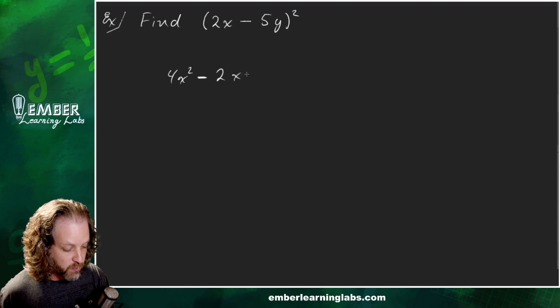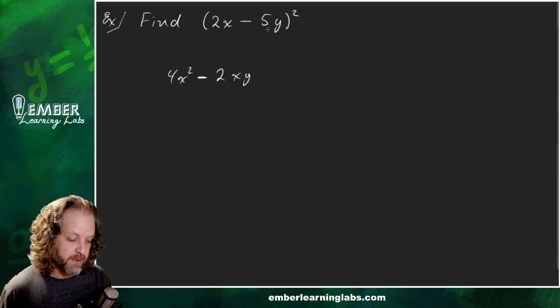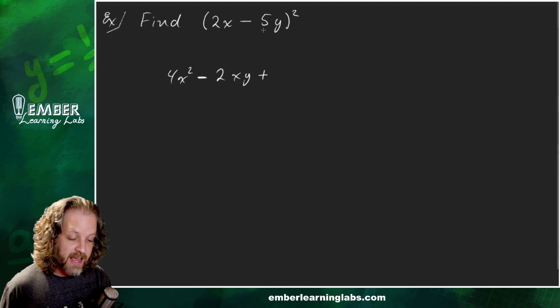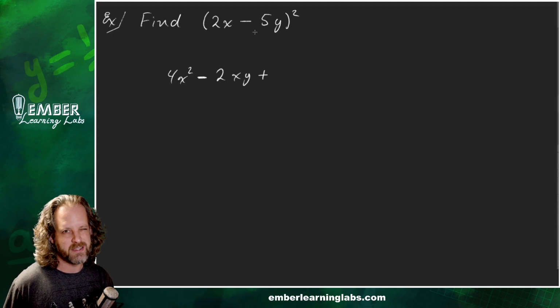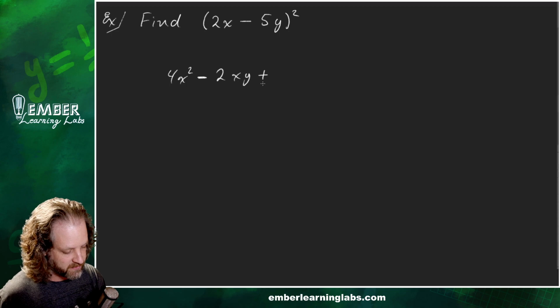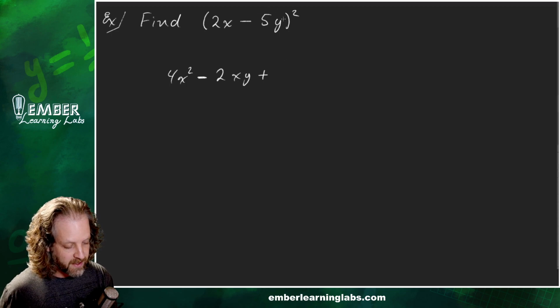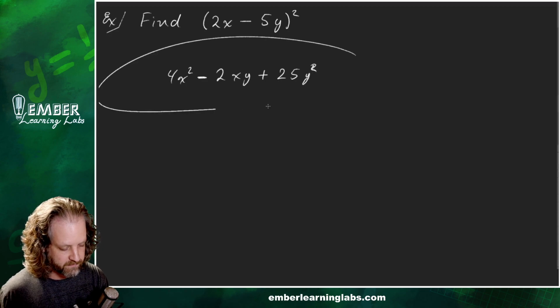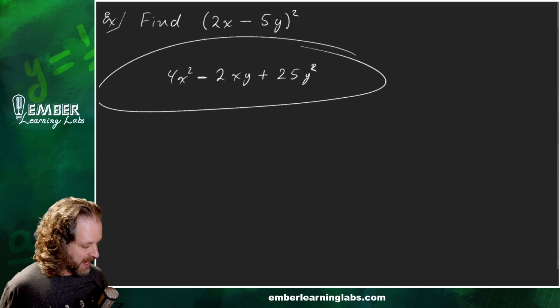And then xy, because as we're multiplying the two of these together, x times y is x times y, right? And then plus, because if we square a negative, then we end up with a positive. That's why that last one is still positive. So plus all this squared, so that would be 25y squared. That's nice and handy.